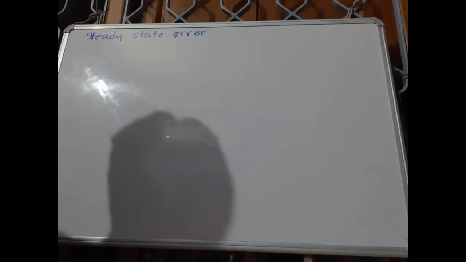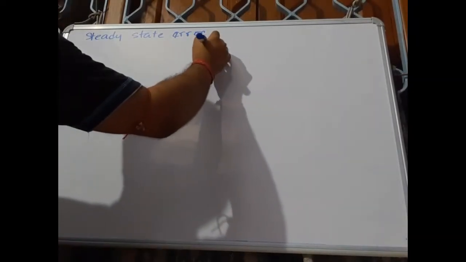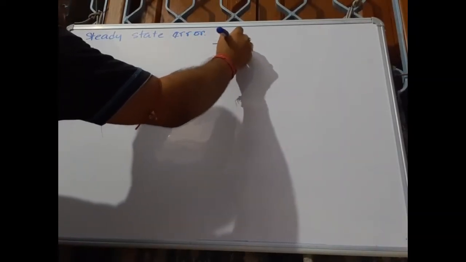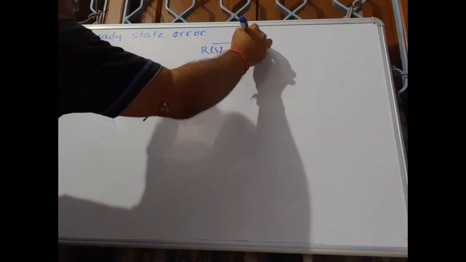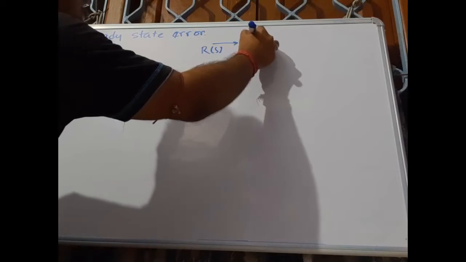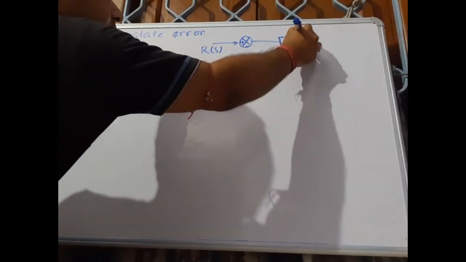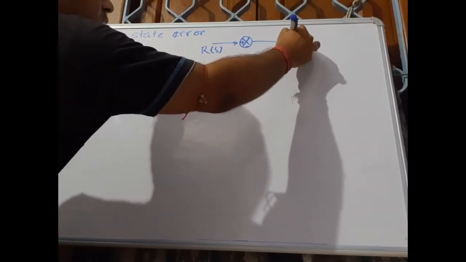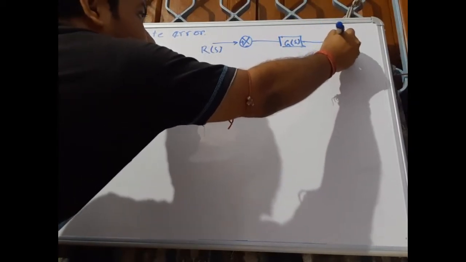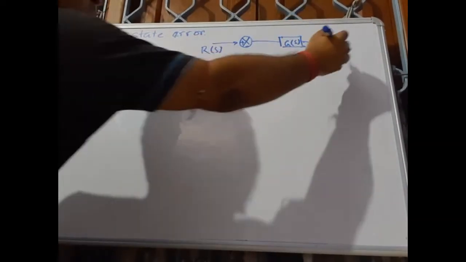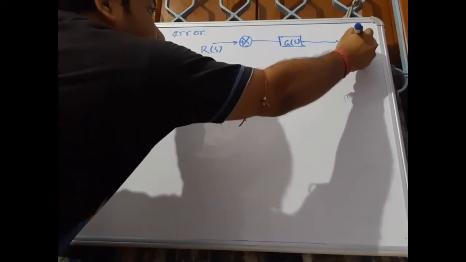In this tutorial, we will learn about the steady state error in control system. Suppose a negative feedback system, say this is the input R(s), and we have gain, say G(s), and we have output, say C(s), right?